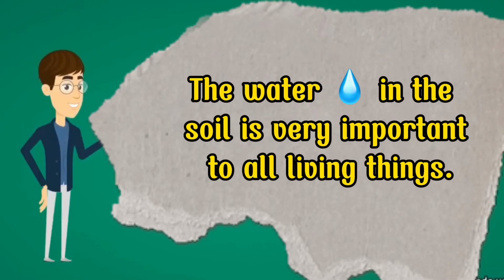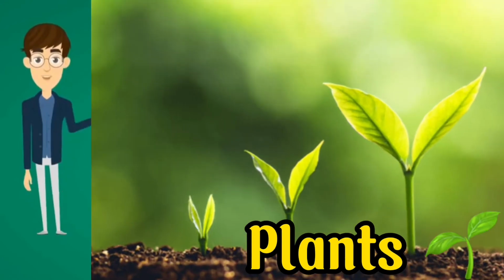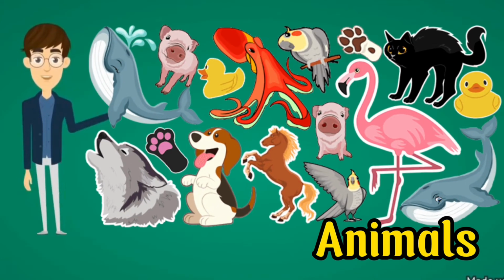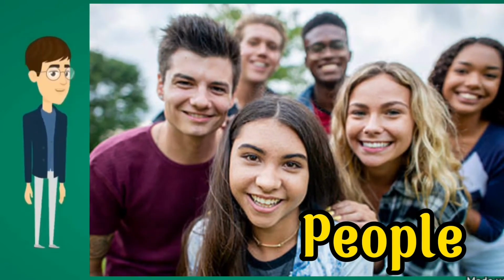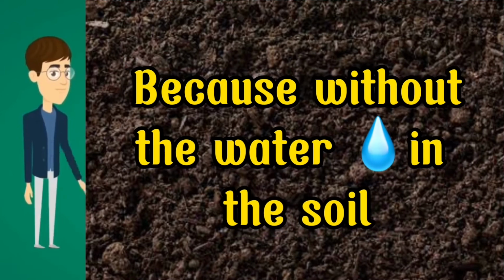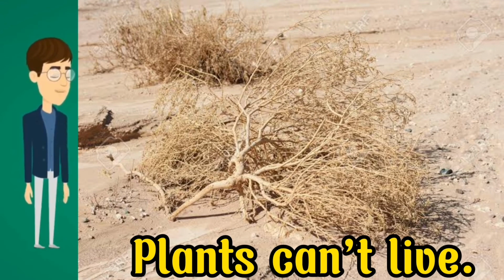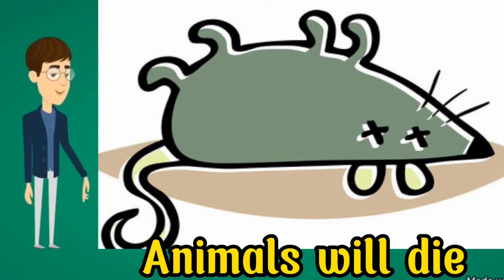The water in the soil is very important to all living things, just like plants, animals, and people. Because without the water in the soil, plants cannot live. Animals are going to die.